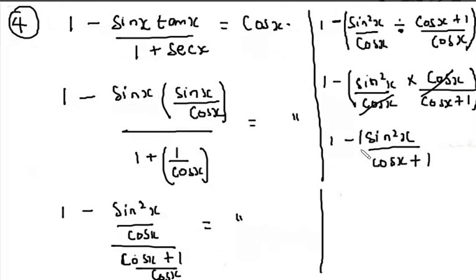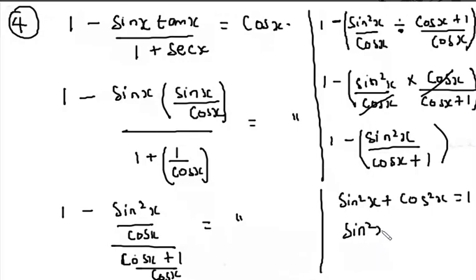So we still need to simplify further because we have not gotten the cos x on the right hand side. If we look at this properly, from our fundamental trigonometric identities, sine square x plus cos square x equal to 1. So if you subtract cos square x from both sides, you can actually say sine square x equal to 1 minus cos square x.